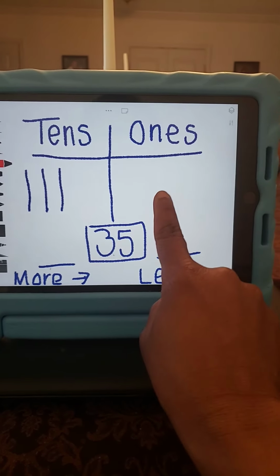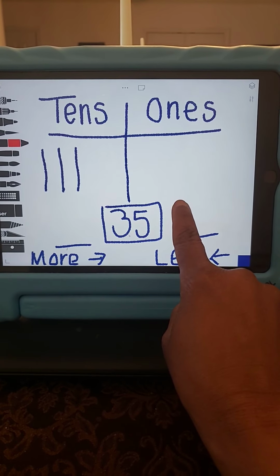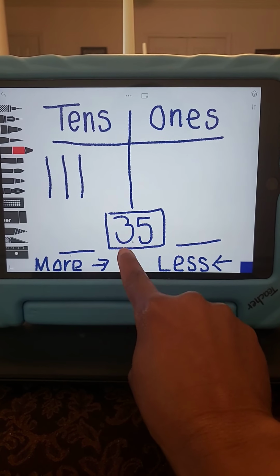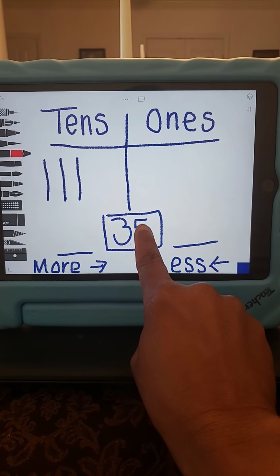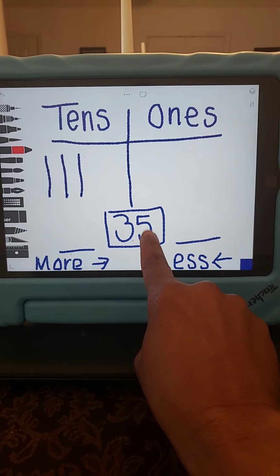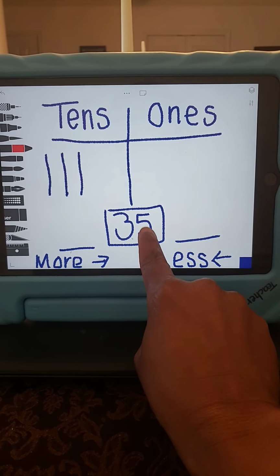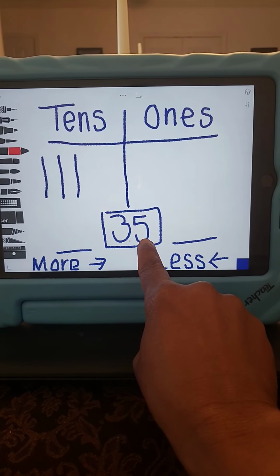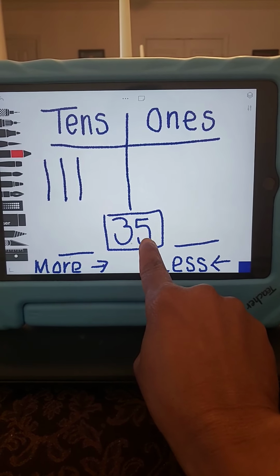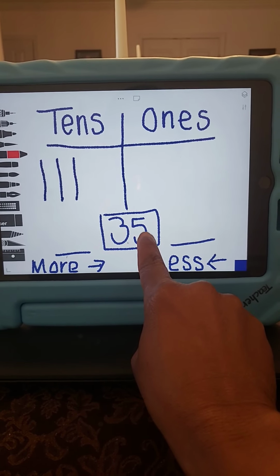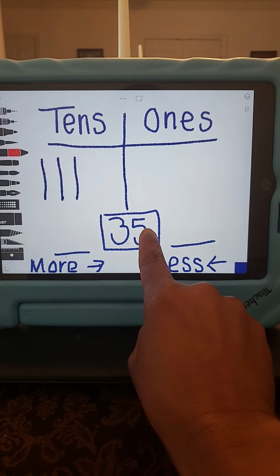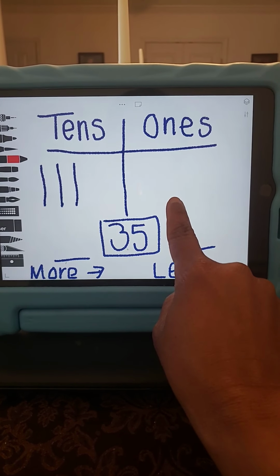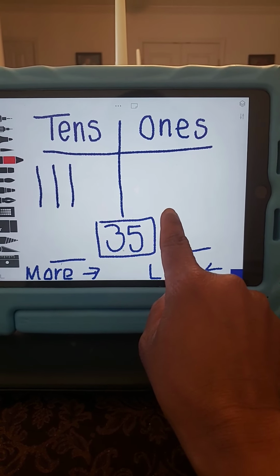Now, let's see how many ones there are, okay? Let's see. The first one is the tens. The second one is the ones. So let's see how many ones are there. 5, because ones, if it's a 2-number digit, it's going to be the second number. Now, remember, boys and girls, when we write or draw our ones, we are going to do little squares.